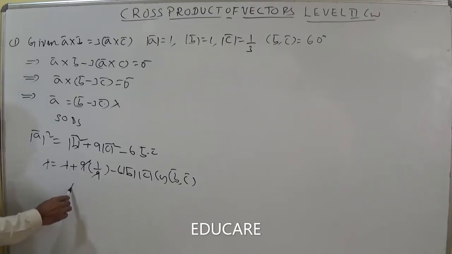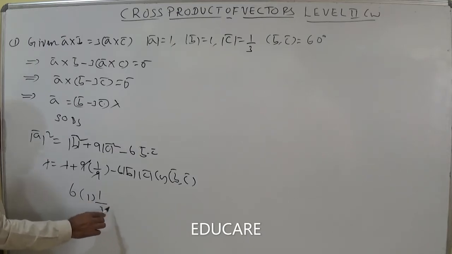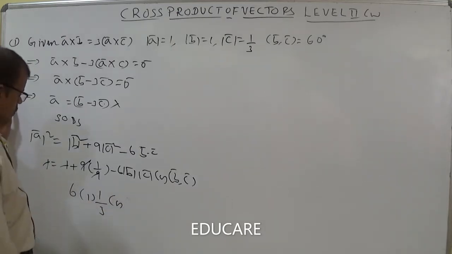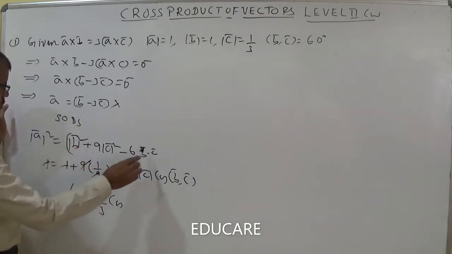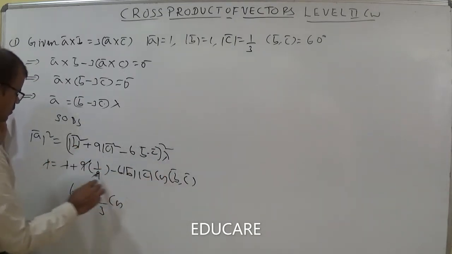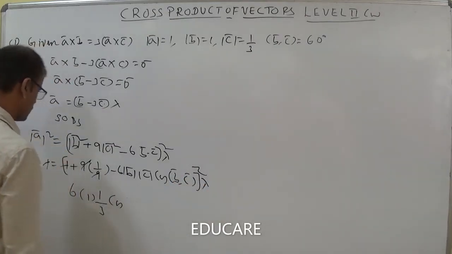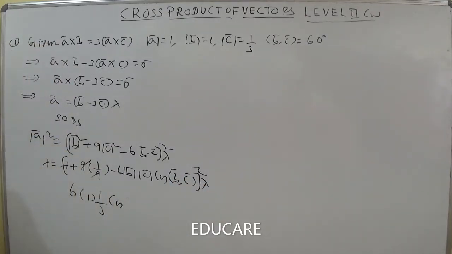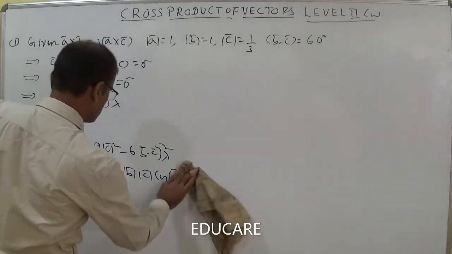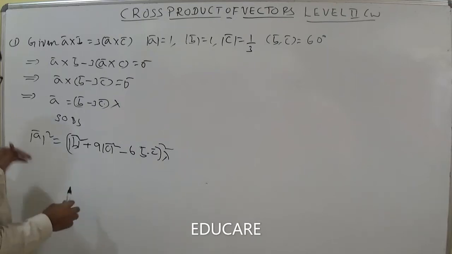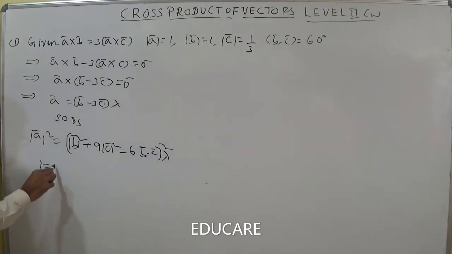Wait, lambda we forgot here. You can write lambda square. We should not cancel like that. Lambda square into this is there. Let us write this again: mod A square is equal to 1.